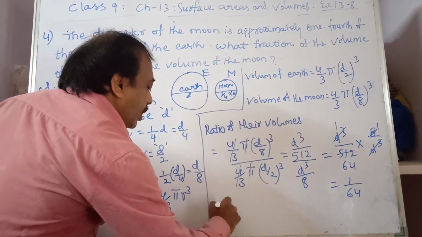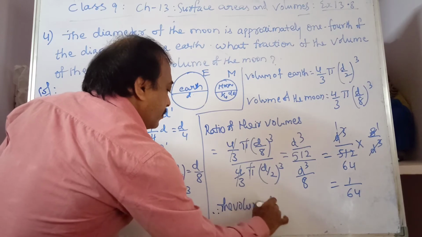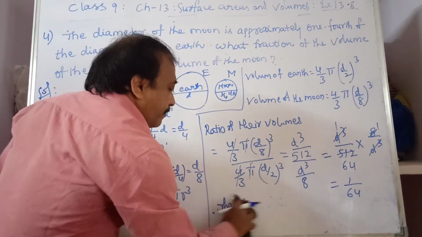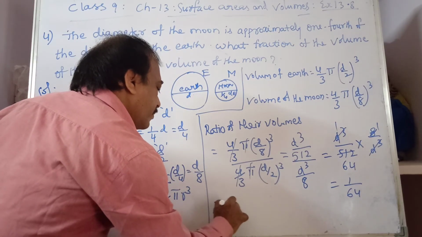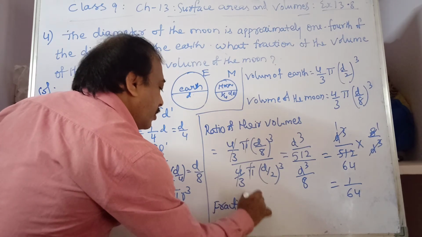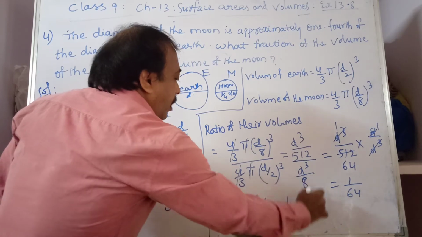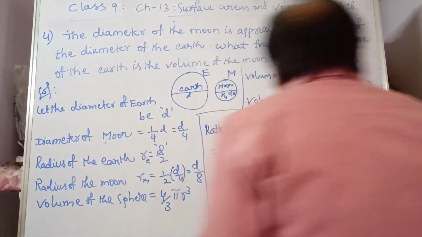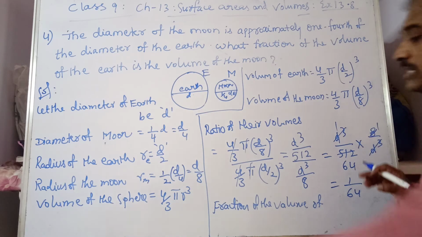Therefore, the fraction of the volume of the earth, what is it? 1 by 64th fraction of the volume of the earth is the moon.